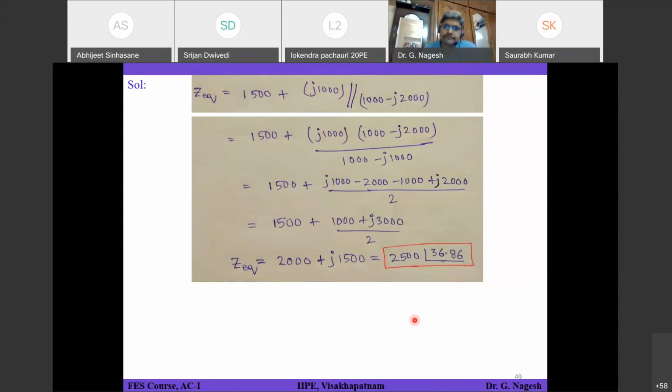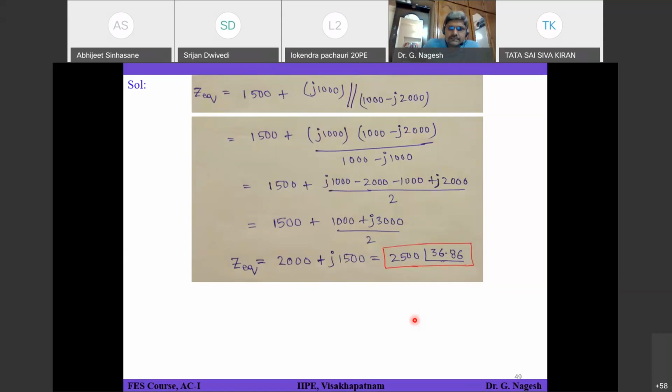Sir, I is 0.016 at an angle of minus 126.86. Okay, it seems to be correct. Because of minus 90, and this will be in the denominator, when you bring it to the numerator it will become minus 36. So minus 126.86, your angle is correct, and I expect your amplitude is also 62.5.